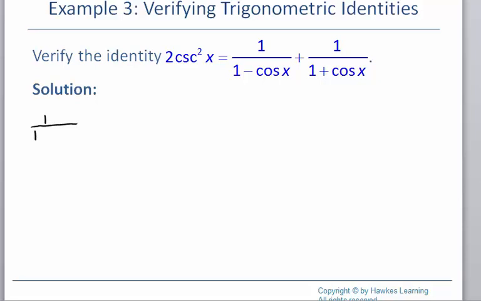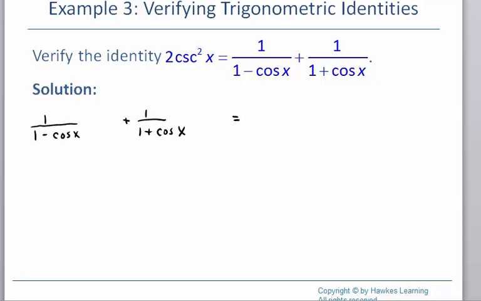So I'm going to write my right side down. And remember that our goal is to turn this side into 2 cosecant squared x.